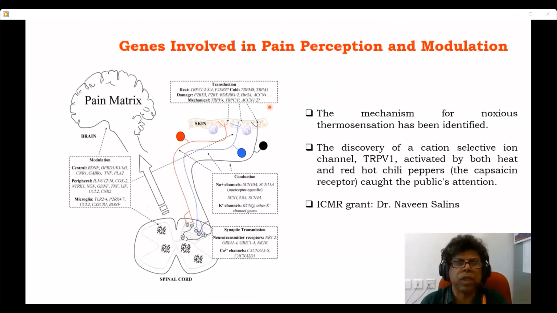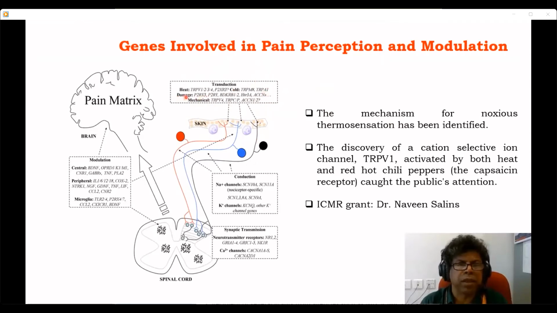So now I'm going to talk about the genes involved in pain perception and modulation. When skin gets hurt by heat, cold, or damage, there is a noxious stimulus. So a lot of genes are involved during the transduction. For example, heat-related genes, the TRPV1 family members, or in the cold, TRPM8 family members.